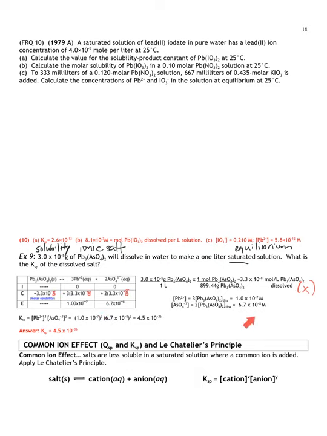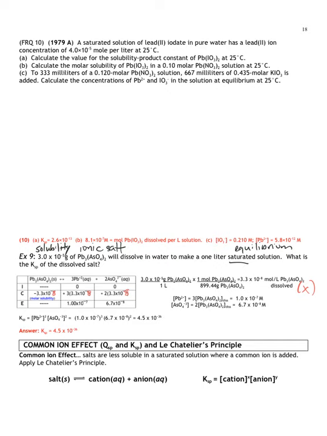And it's also reiterated right here. To find Ksp, just write the expression as always so that you remember what you're cubing or squaring here. You plug in your concentration at equilibrium and cube the lead concentration, and then plug in the arsenate's concentration at equilibrium and square that. And that will give you your Ksp in the end.